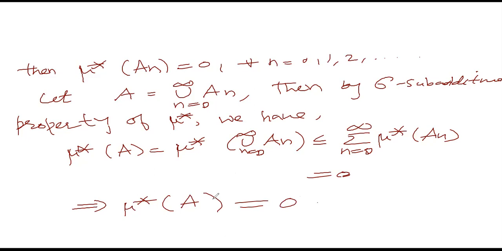Okay. So then you can see this. Then also we have the following. Also this phi n decreased to 0. It decreased to 0 for all x belongs to A complement.